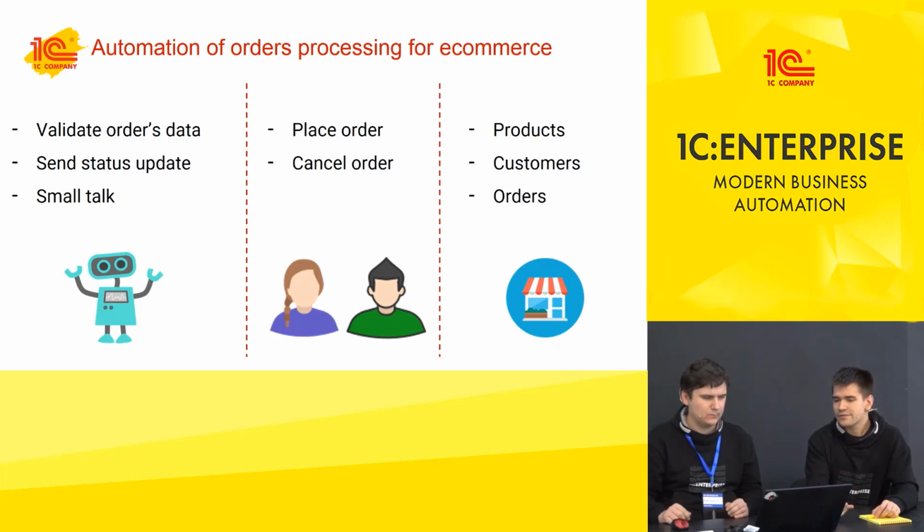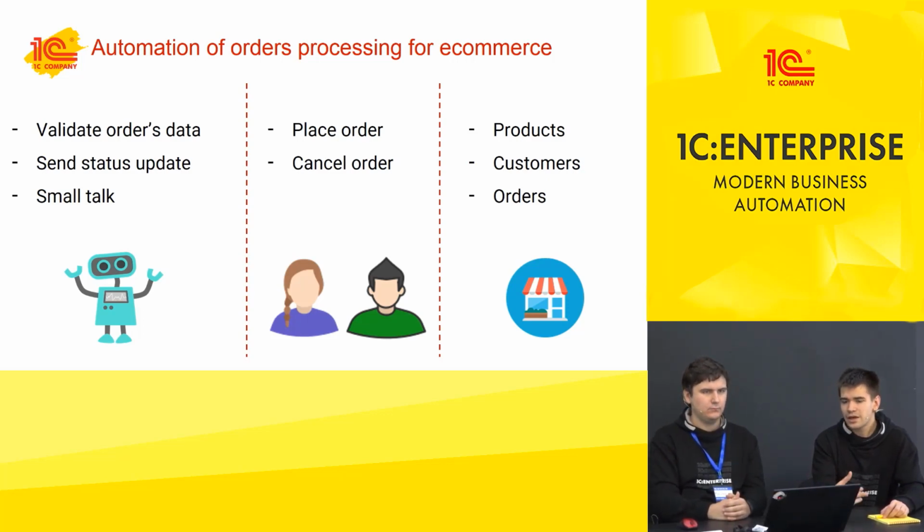On the other hand, we have customers who can order or cancel their orders through the chatbot, which is apparently a lovely artificial creature. It can validate order data, send status updates, and give cute little talks to customers.